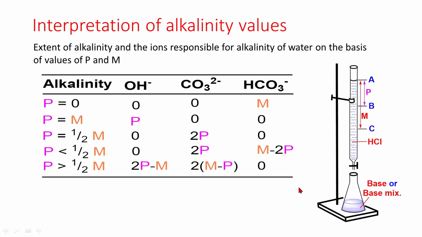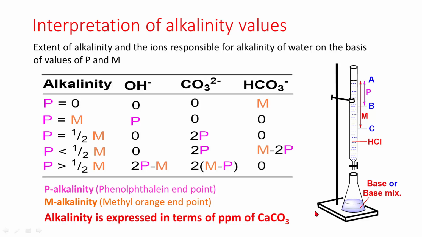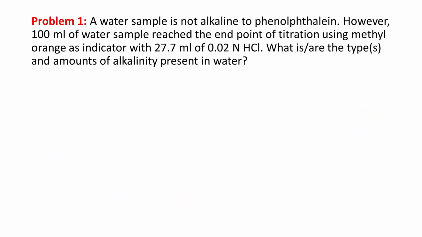We have discussed the table, how various values arrive depending upon the value of P and M, where P is the phenolphthalein endpoint and M is the methyl orange endpoint. Alkalinity is expressed in terms of ppm of calcium carbonate.